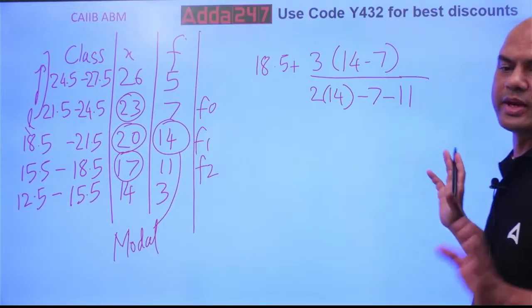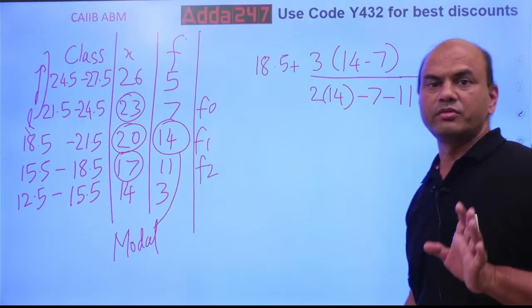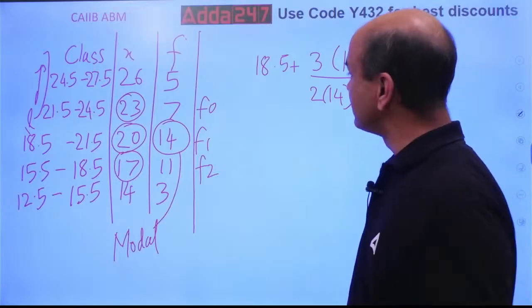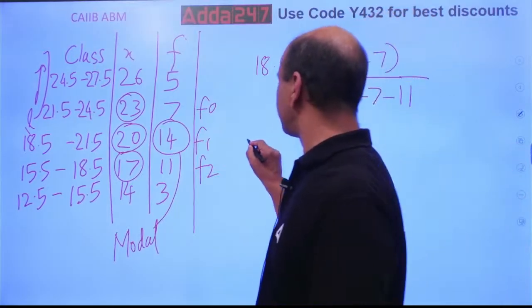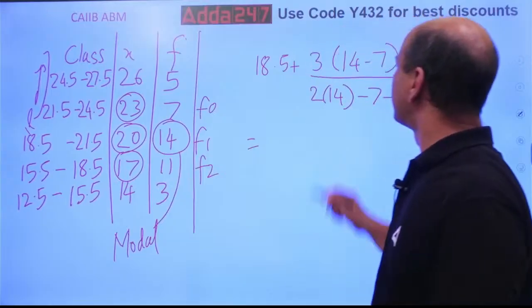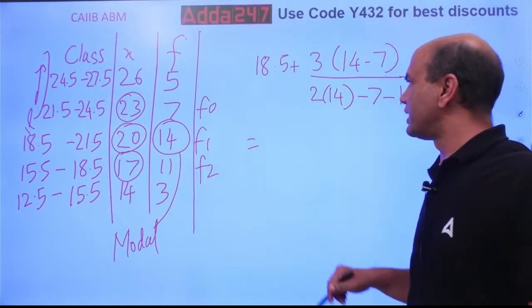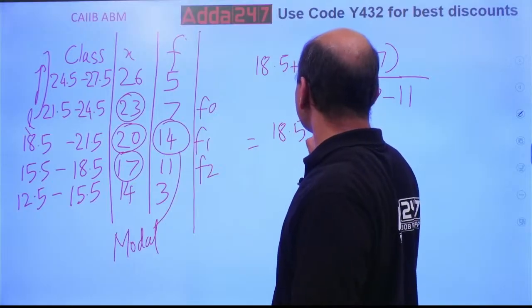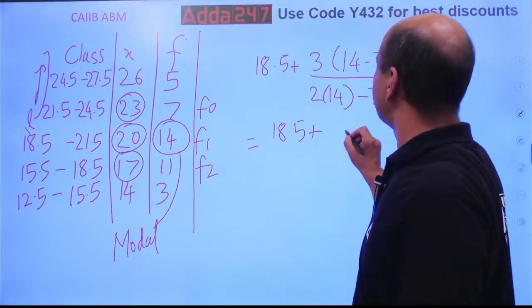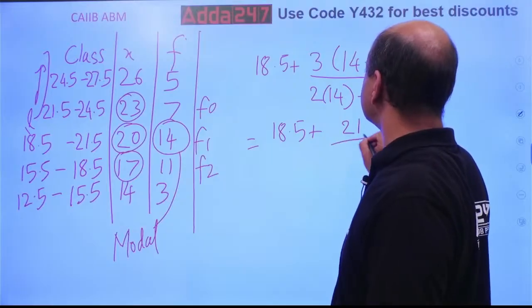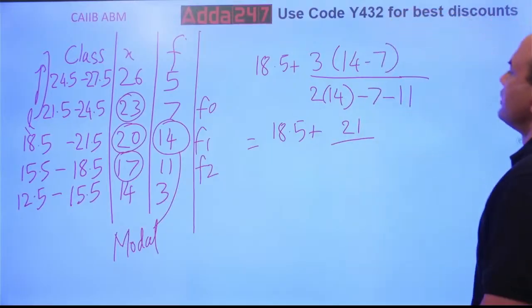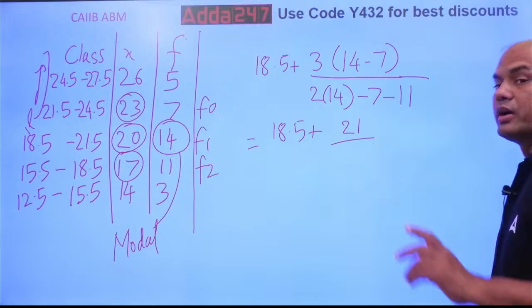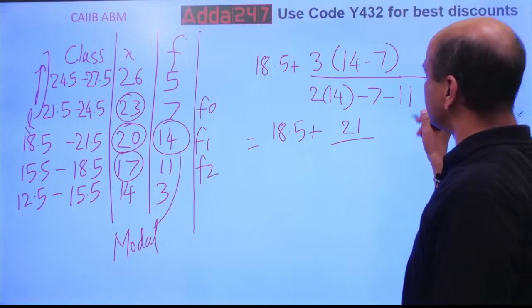Once you know this, it's very easy. So now solve this. What are you getting? 14 minus 7 is 7. 7 times 3 is 21. So I'll write 18.5 plus 21 upon, what is this? 2 times 14 is 28. 28 minus 7 is 21. 21 minus 11 is 10.